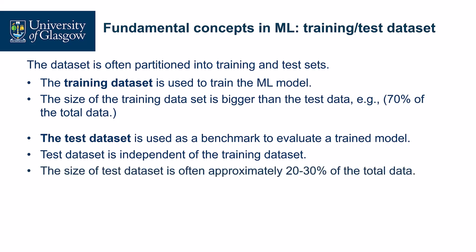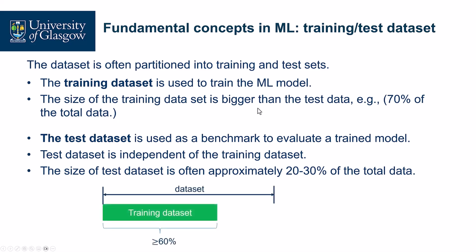The size of the test data is often approximately, let's say, 20 to 30% of the total data. This is just an empirical number, right? So if we have a data set, we can put, let's say, more than 60% as the training data set to train the model, and we use the 20 to 30% as test data to evaluate the model. So this is the training and test data set.